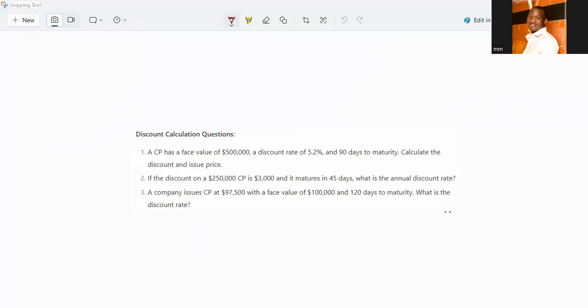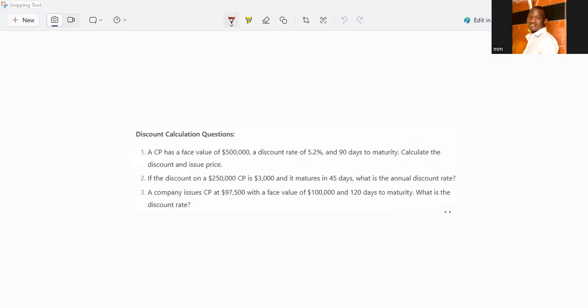To calculate the discount is simply given by the face value times the discount rate times the time to maturity over the base year. In this case, we may consider 360.